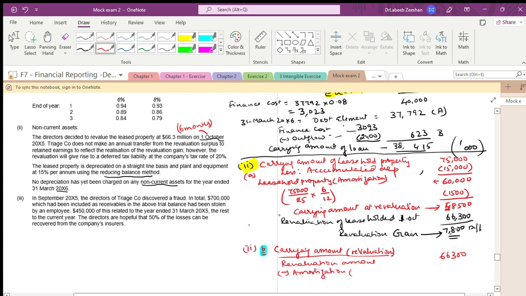How much? We have to do amortization based on the revalued amount. 66,300 divided by how many years?